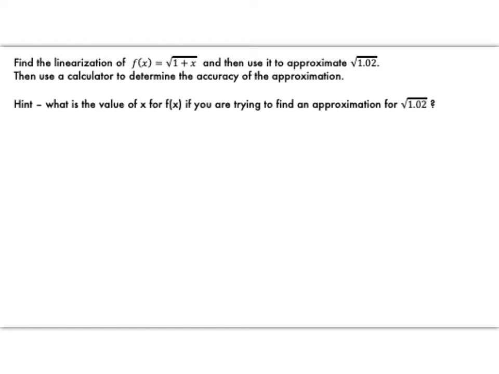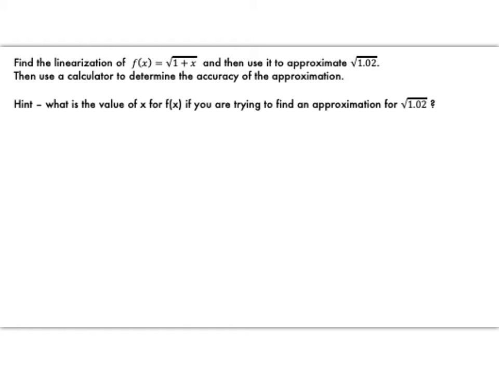So we're going to approximate the square root of 1.02, but we're going to use the linearization of f of x to find that, okay? At the end, we'll use a calculator to determine what the accuracy is on this, because sometimes when we make an approximation, we wind up trading accuracy for convenience, and we want to see how good this really is, okay?